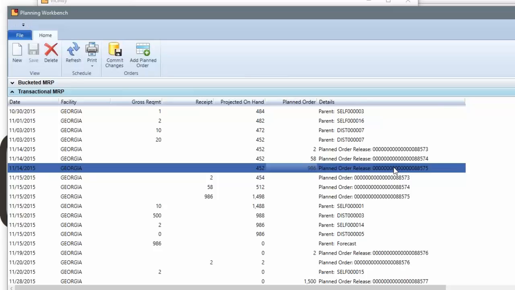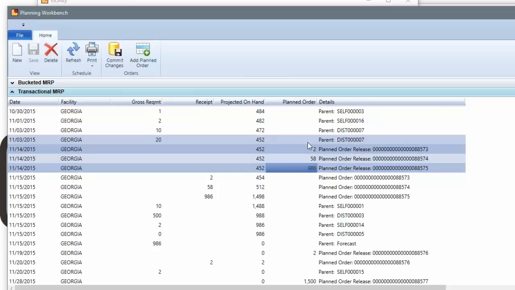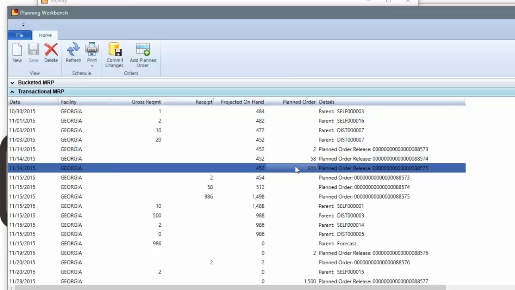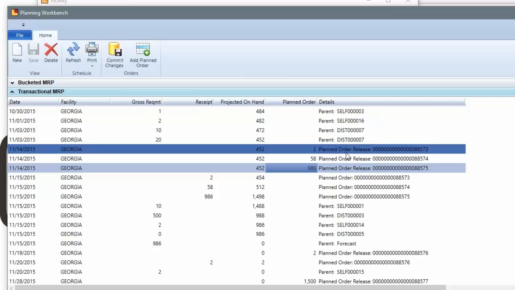Now, in my system, what I would probably do to address this is I would go do a single production run or a packaging run of, let's say, 1,200 units, and that would cover all this. So as soon as I do that, as soon as I tell the system, yep, I'm planning to do 1,200, these disappear.